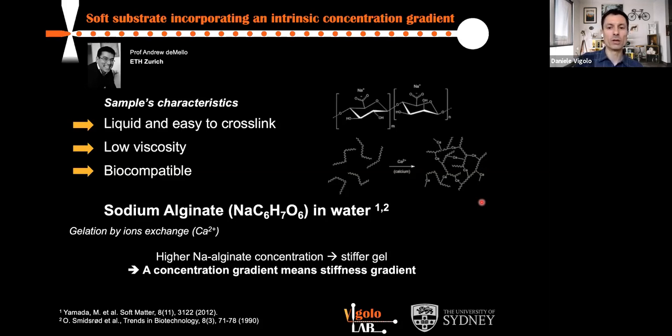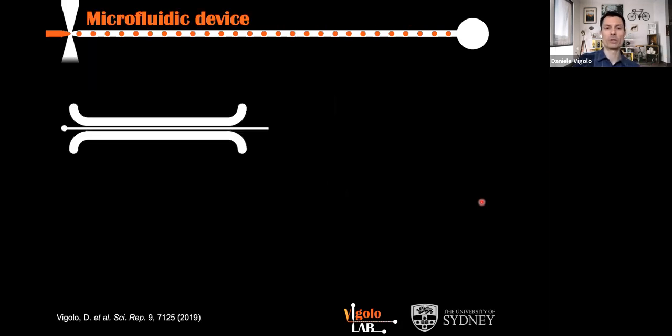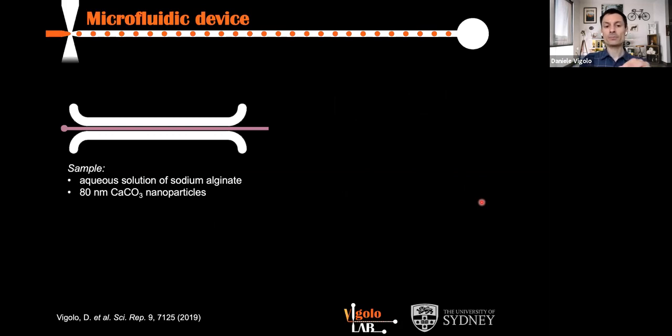So we developed a microfluidic device where we essentially can create our sodium alginate sample in the middle. We incorporate calcium carbonate nanoparticles. We'll see in a second why. But then we need to impose a temperature gradient to control the characteristics of the hydrogel.